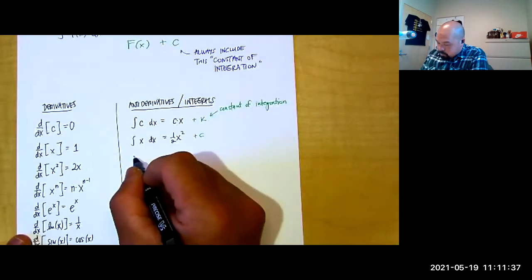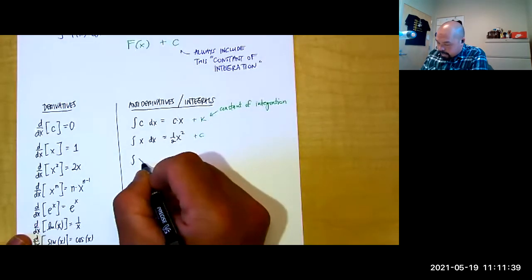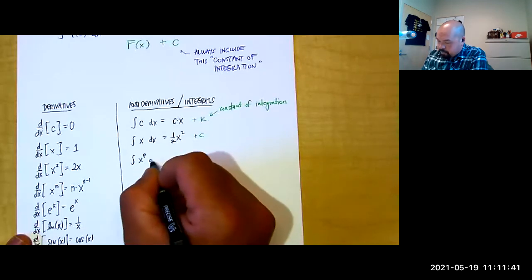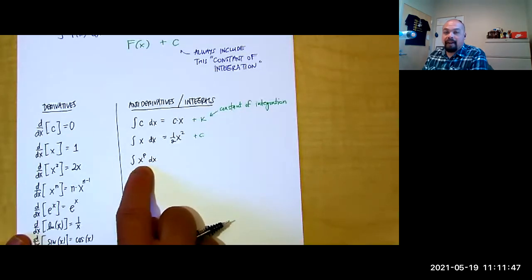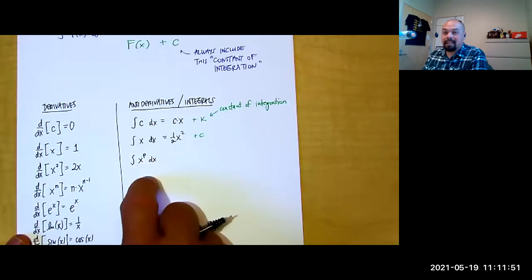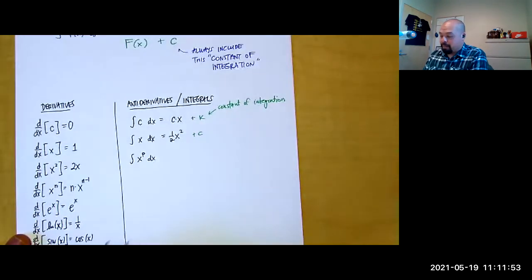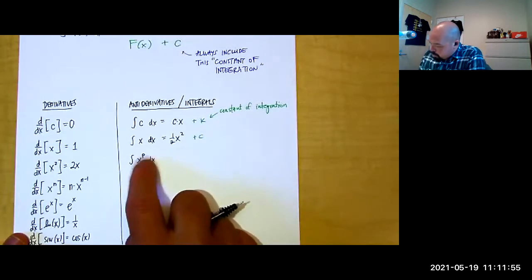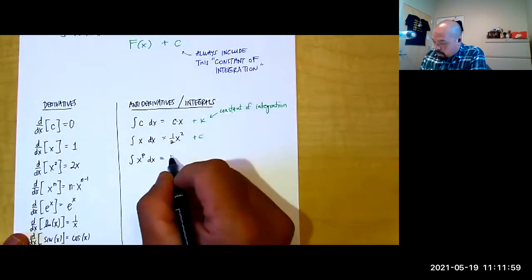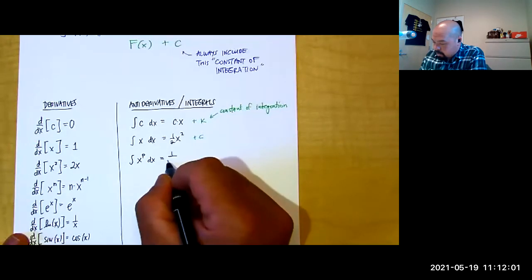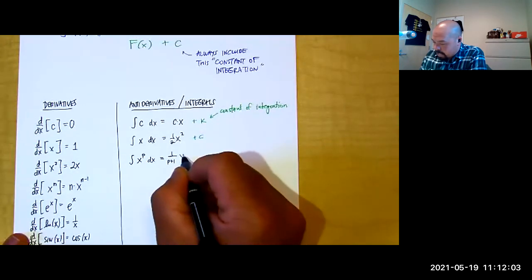Okay? And now, more generally, I'm going to put x to a power p, and that could be any power. A negative power, a fractional power, a square root, right? x to the 1/2 power, x to the negative 1/2 power, 2/3, whatever it might be. It can be any power. When we see that power rule, I'll reverse: 1 over p plus 1 times x to the p plus 1.